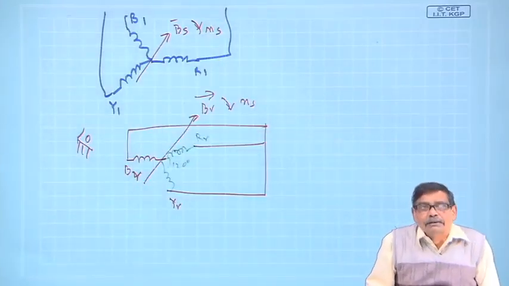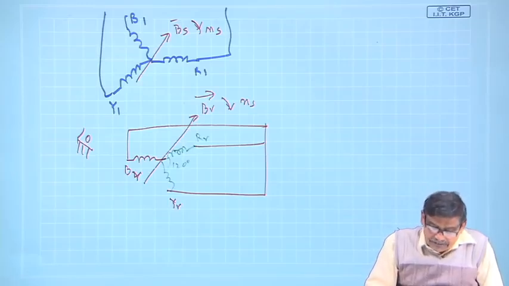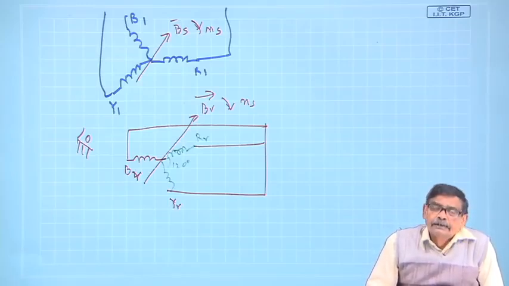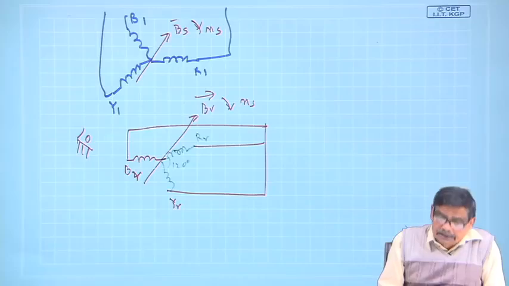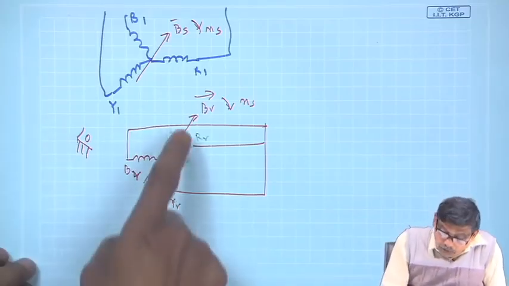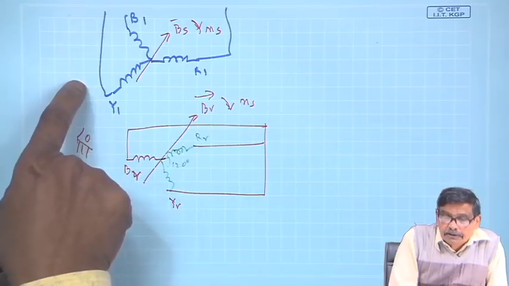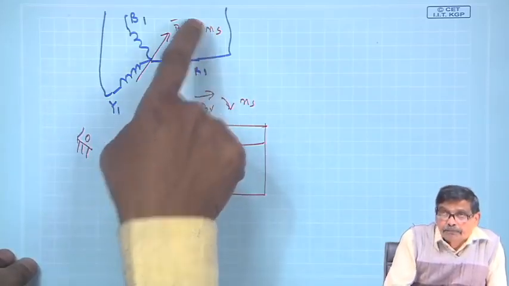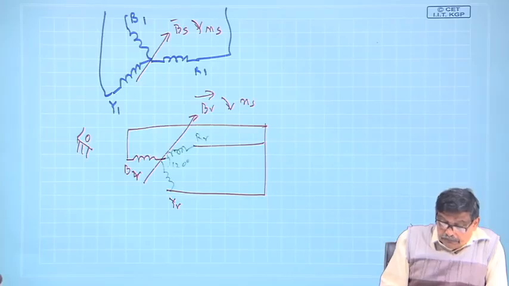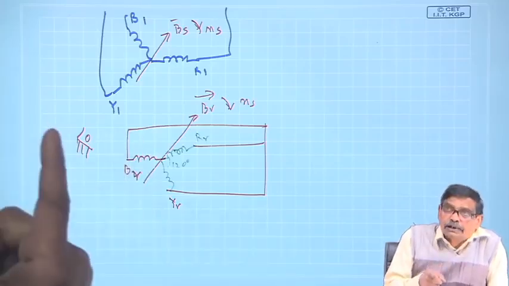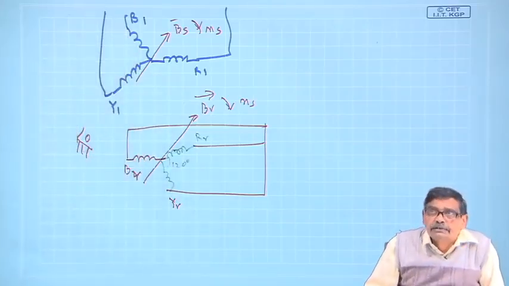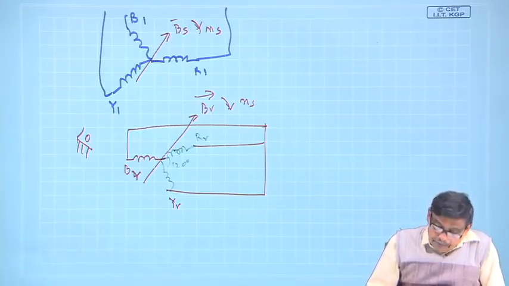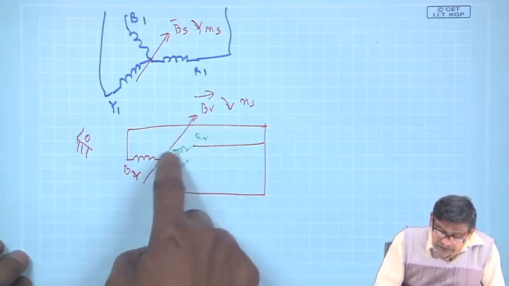But now I feel that in the air gap of the machine there are two rotating fields, and both of them with respect to a stationary observer are moving with a speed Ns. Therefore, both Bs and Br are going to induce voltage in any coil, either on the stator or on the rotor. Why is Br going to induce voltage in the rotor coil?